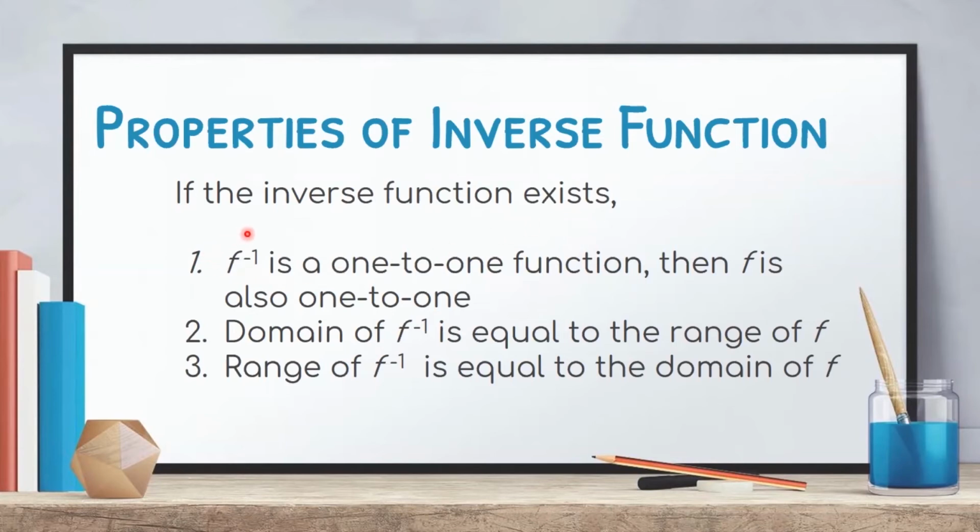If the inverse of a function is one-to-one, then the function is also one-to-one. Second, the domain of the inverse of a function is equal to the range of the function. And finally, the range of the inverse of a function is equal to the domain of the function. We have also discussed how to determine the inverse of a function given a set of ordered pairs.